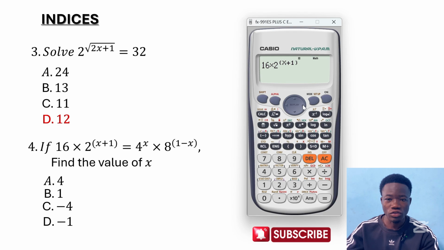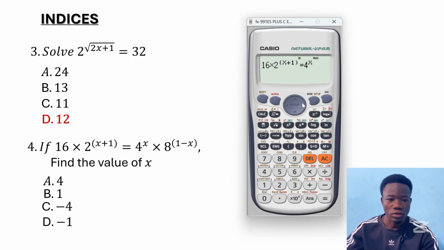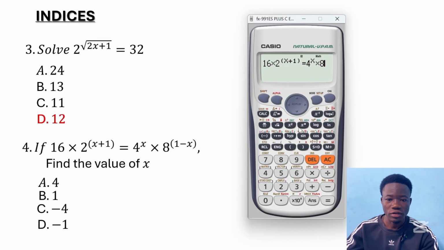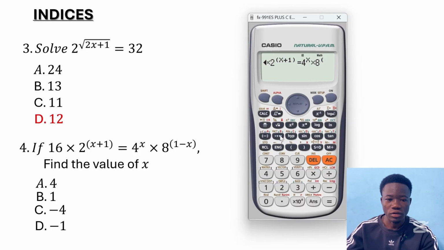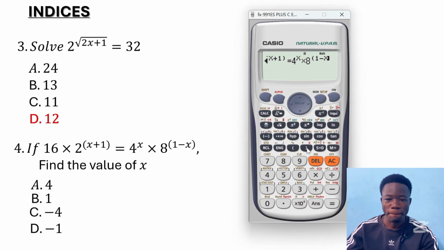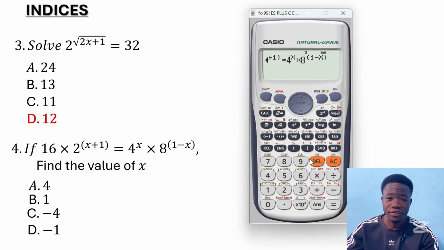The right arrow key to bring your cursor down, which is equal to, so alpha calc, then you get the equal sign. 4 exponent x multiplying by 8 exponent 1 minus x, and you close the bracket, right?